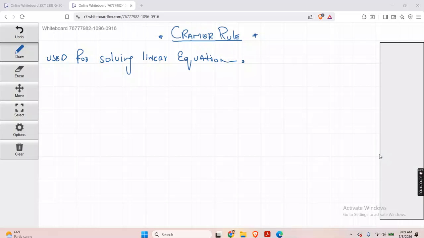Alright, today we will talk about the Cramer rule, which is another method for solving the linear system of equations. But this one is very easy.